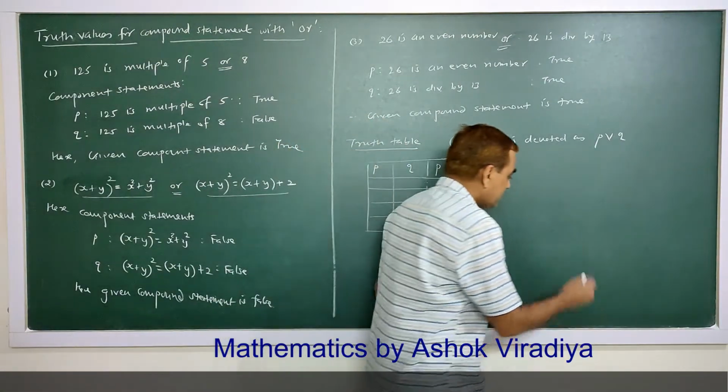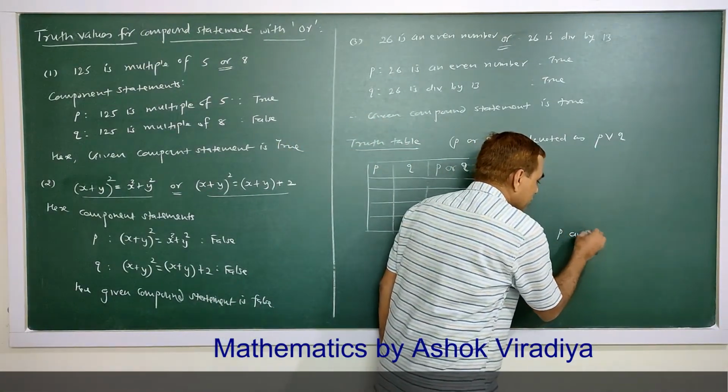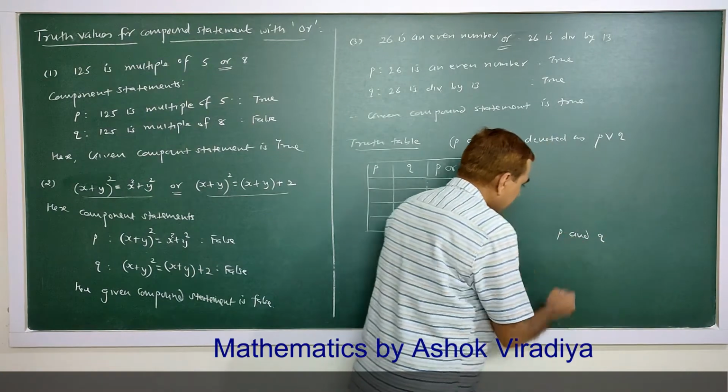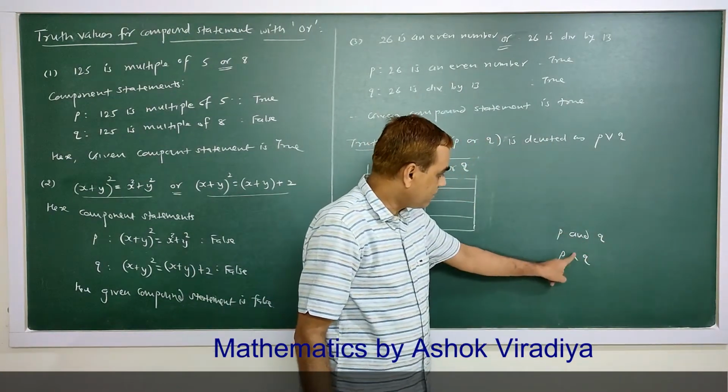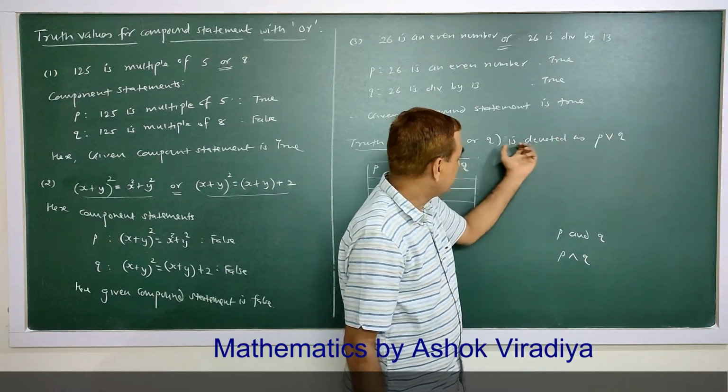And previously we discussed that when AND is used, this is denoted as P ∧ Q. This symbol is for AND, this symbol is for OR.